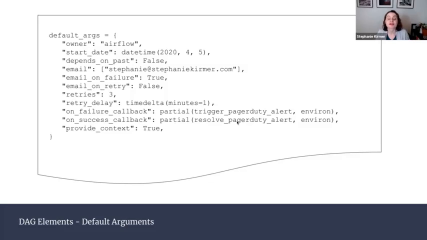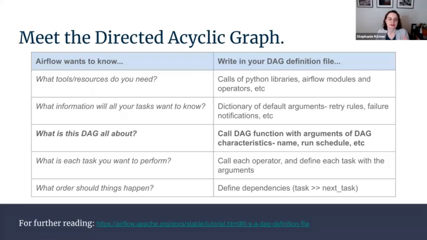These are some of those custom functions that I talked about earlier that I have written specifically so that our on-call system, PagerDuty in this case, gets notified when jobs fail or succeed if they've been failed previously. And so we can trigger an alert to the technical person who's on call, or we can resolve it if the job succeeds.